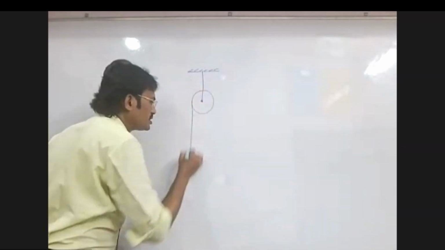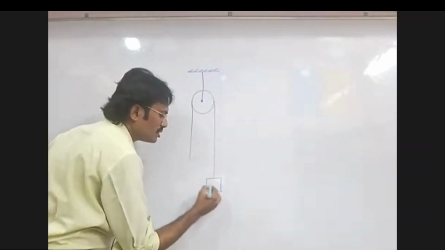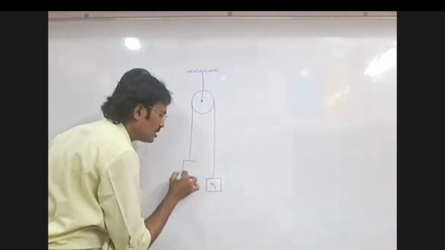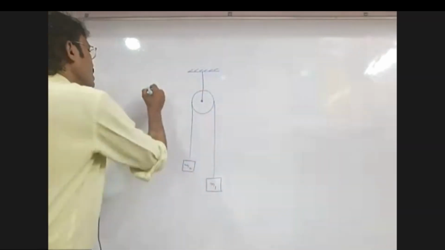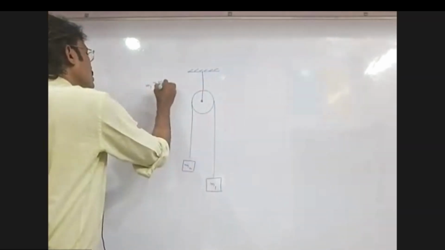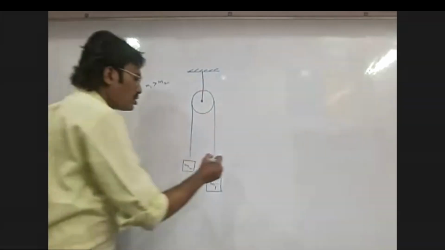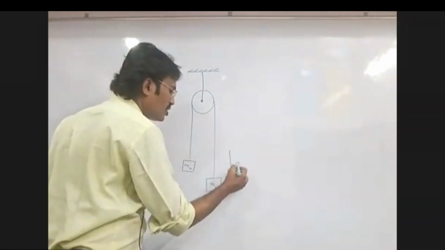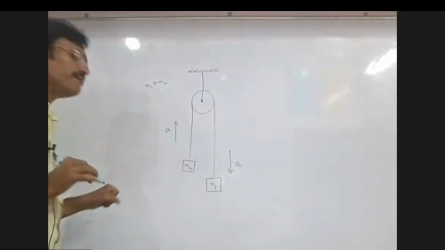One string is considered from here, having the masses m1 and here m2. Here I am taking that m1 is greater than m2. So m1 is moving downwards with the acceleration A, m2 is moving upwards with the acceleration A.